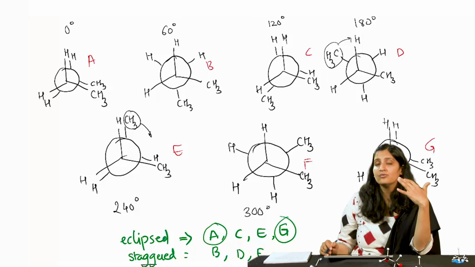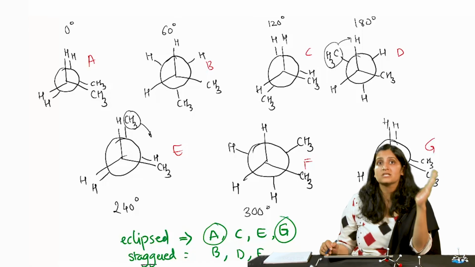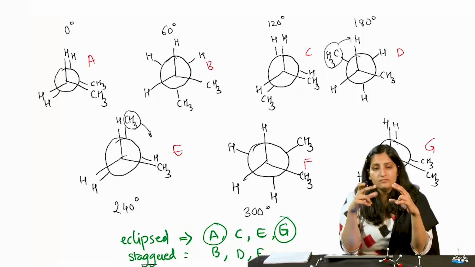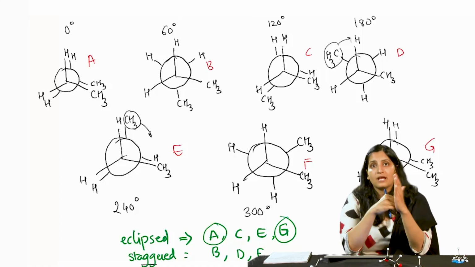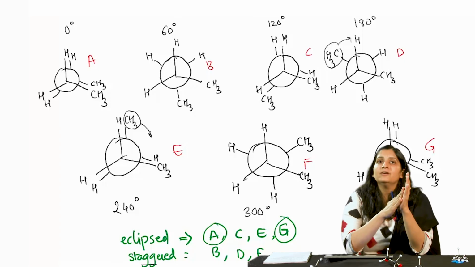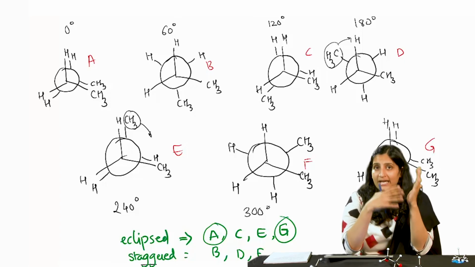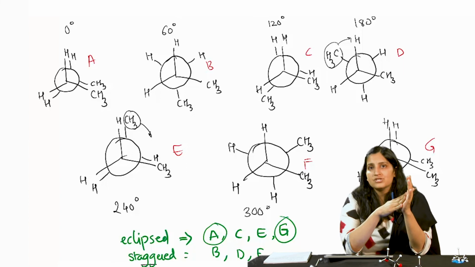So, if I really have to figure out the energy of each of these conformations, I will have to refer to a table that talks about the torsional strains that arise because different groups eclipse with each other. If I refer to the table, I see that the methyl-methyl eclipsing interaction is the highest, which is 2.5 kilocalories per mole, whereas the methyl-hydrogen interaction is only 1.4 kilocalories per mole.